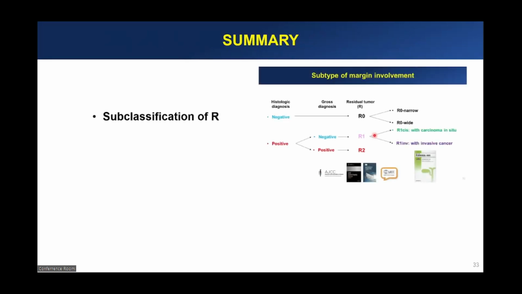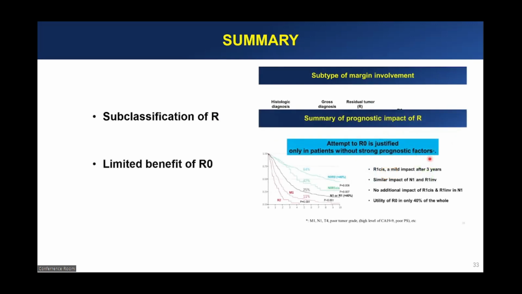So now I show the summary of this lecture. First, the sub-classification of R0 status. Conventionally it is R0 to R2, but R0 is divided deeper, and R1 is divided into two subsets. Second is the limited benefit of R0.